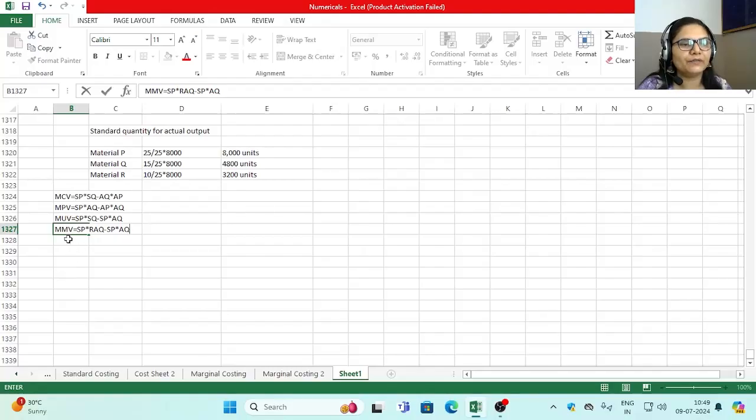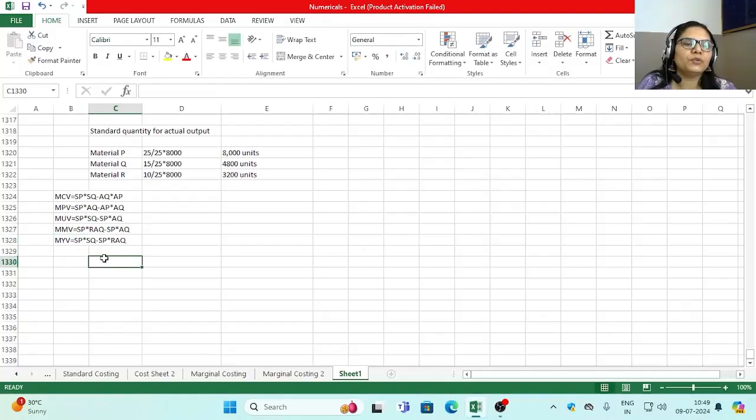Next we have material yield variance is equal to SP into SQ minus SP into RAQ.